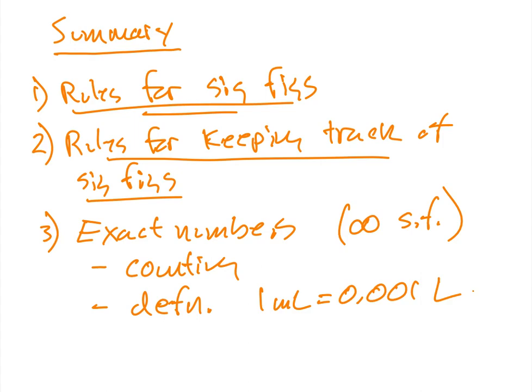That is a defined quantity. There's no measurement. There's an infinite, unlimited number of sig figs associated with that. And of course, if you have integer values showing up in the context of a mathematical formula, then that too is also going to have an infinite number of significant figures. It will be an exact number as well. So those are the key things to keep in mind here.